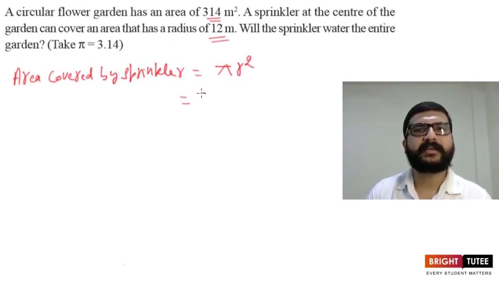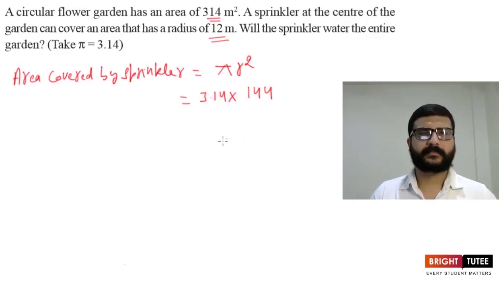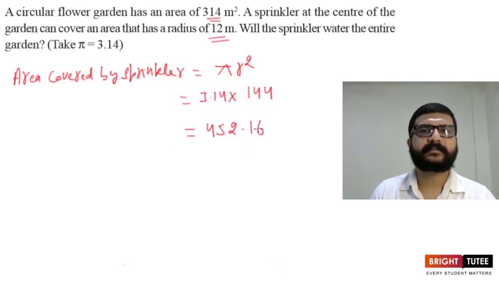So it will be 3.14 into 12 square, that is 144. Now what is 144 into 3.14? It will be 452.16. So the area covered by the sprinkler is 452.16 square meters.